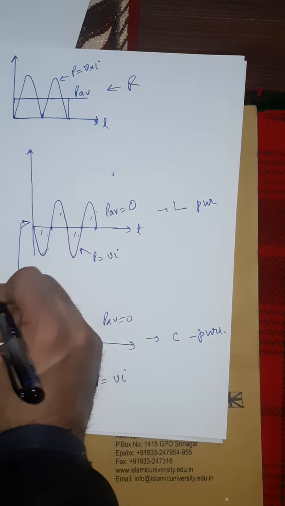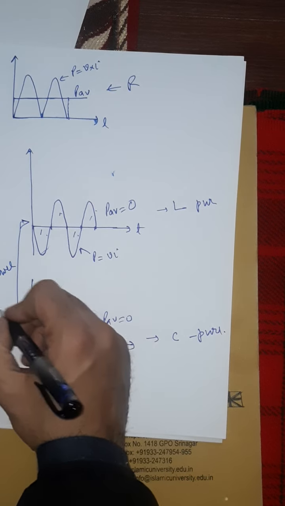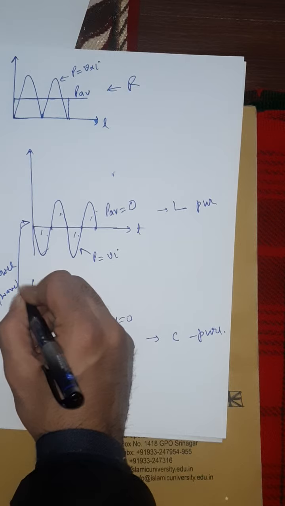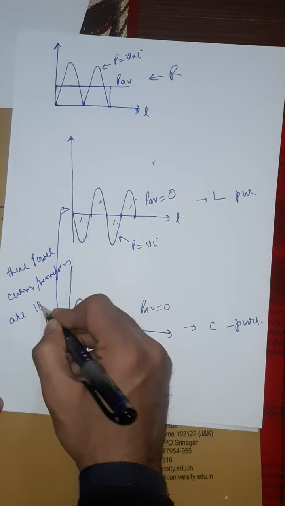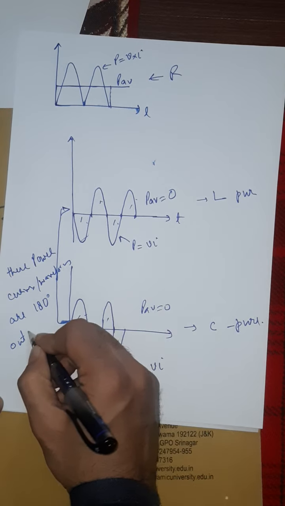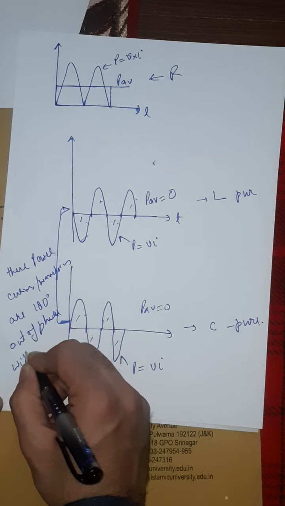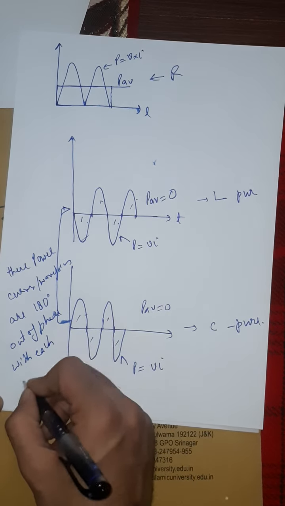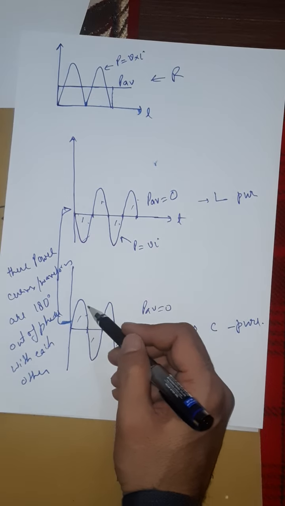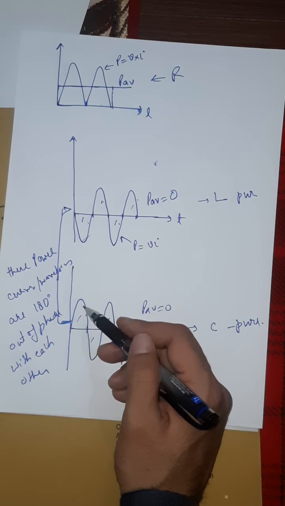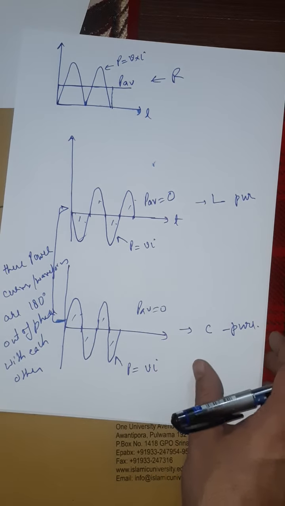These power curves are 180 degrees out of phase with each other, because when the power is going negative here, the power is going positive here. And the average power in both the curves is equal to 0.